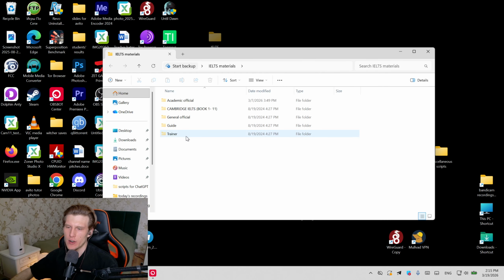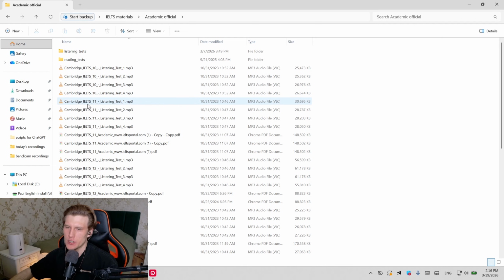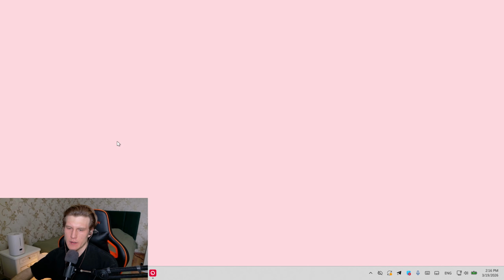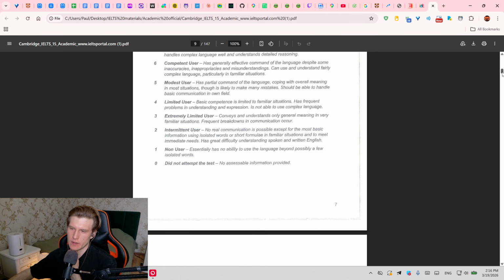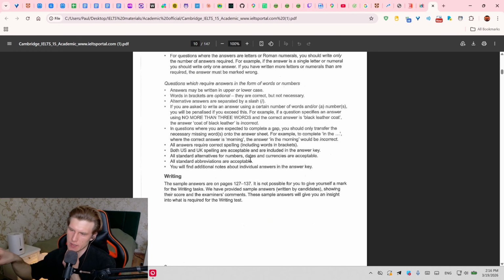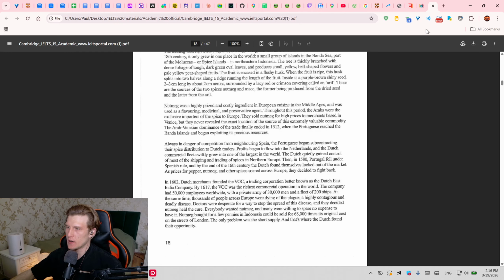If you open an official IELTS book, the problem with it is that it's not interactive, right? You have to write everything down and then look at the answer sheet at the end of the book, and it's all very, very tedious.